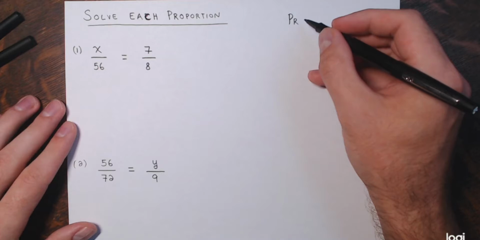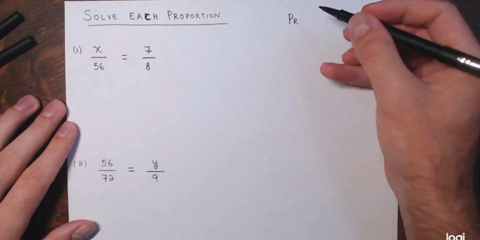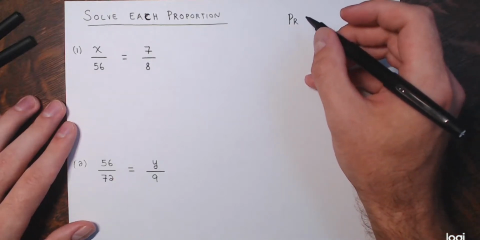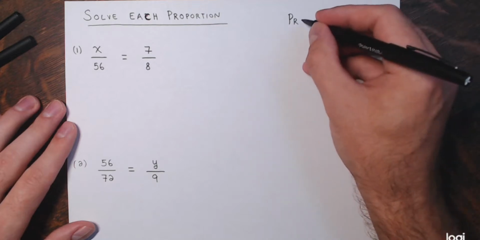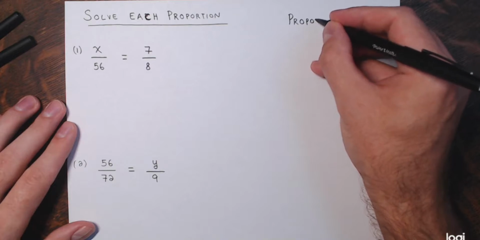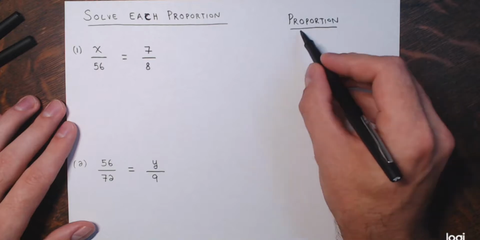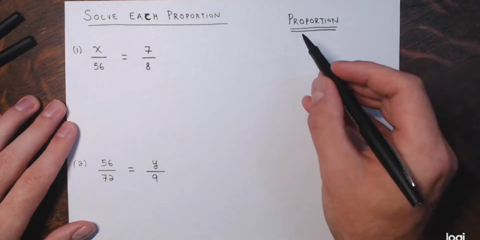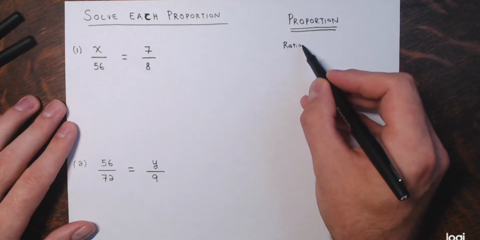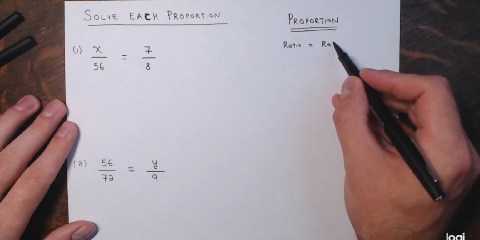Hopefully you've seen my section 7.4 videos, in which we solve rational equations. But a proportion is a special kind of rational equation. It's where you have just a single ratio or a single fraction equal to another ratio.